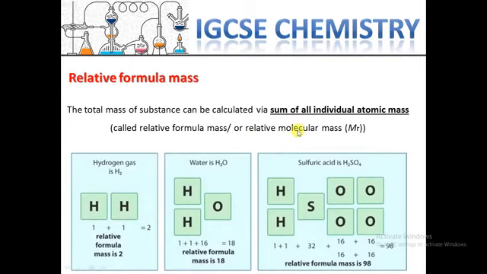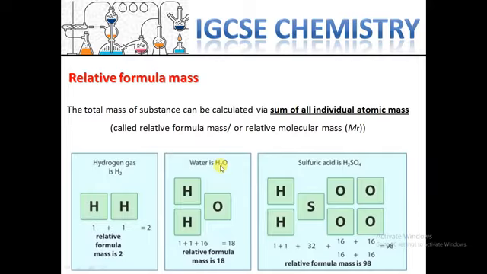For example, the formula of hydrogen gas is H2. We have two hydrogen atoms. Each hydrogen has an atomic mass of 1. So 1 plus 1 is 2. So the relative formula or relative molecular mass of hydrogen gas is 2.